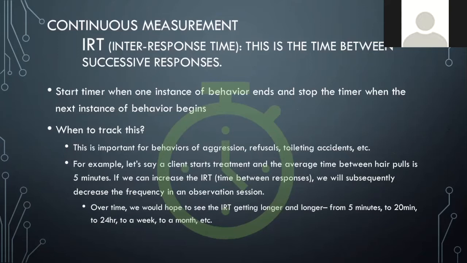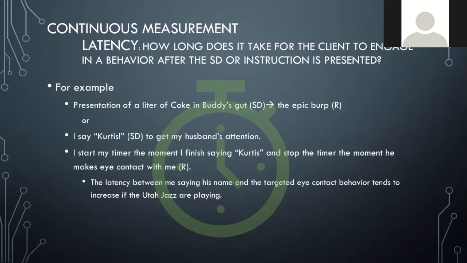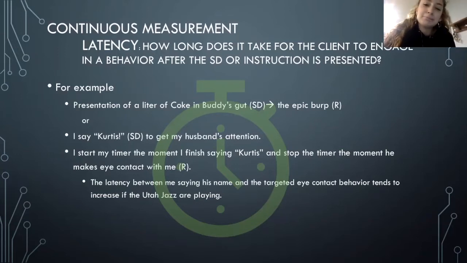I know what latency is and I understand it, but do we track it very often? I haven't seen it too much, to be honest. Where this becomes important, I think, is, for example, I have kiddos where we'll say their name to get their attention, and they have a natural latency. In their programs, I'll write, say so-and-so's name, but wait 5 to 7 seconds before you mark it incorrect for eye contact.